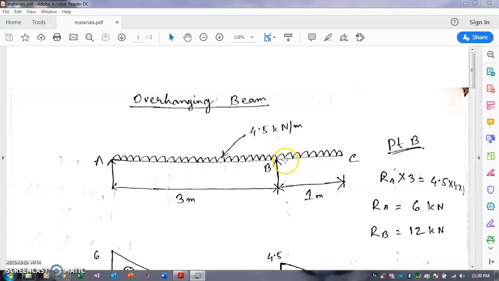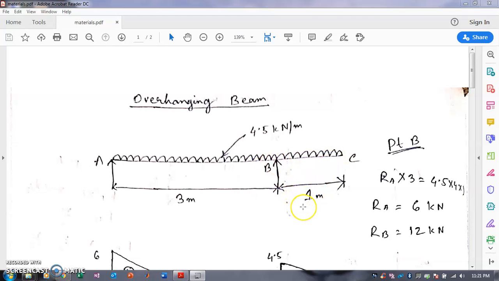Though it is not a cantilever, because in case of a cantilever one end remains fixed, in drawing the bending moment and shear force diagram we will consider it as a combination of a simply supported beam and a cantilever beam. So now the portion of simply supported beam AB is a length of 3 meter and BC is a length of 1 meter.